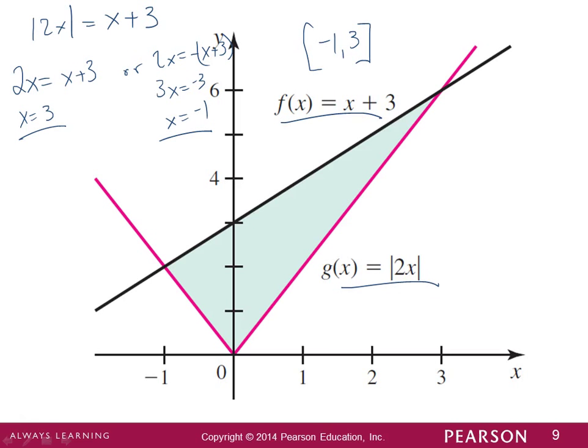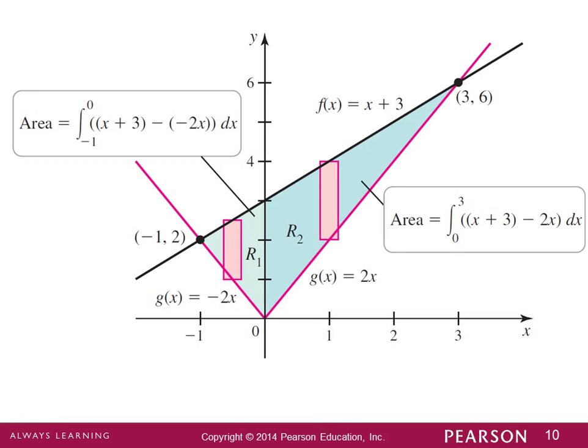Now, here's the tricky part. This function is an absolute value function on the bottom here, the absolute value of 2x. And so how do we treat that? Well, we have to split that up into two functions, because on the left, from -1 to 0, this function is acting like the function of -2x.